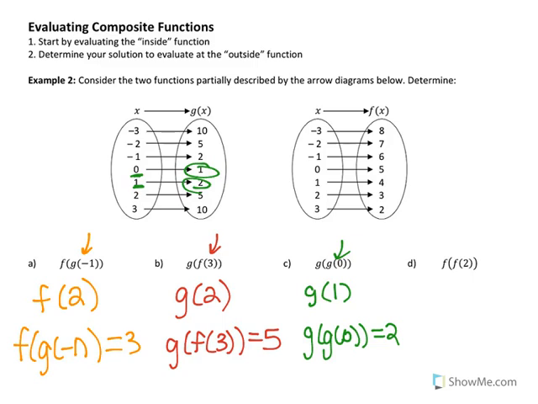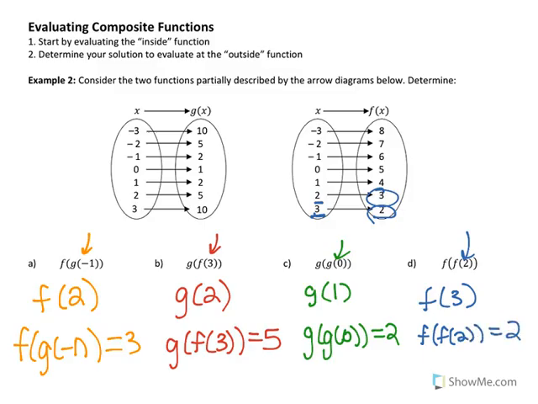And last one, we have f of f of 2. So I'm going to go over to f at 2, and it comes out as a 3, so now we're going to evaluate f at 3, which comes out as 2. So f of f of 2 is 2. So just remember to work inside to outside.